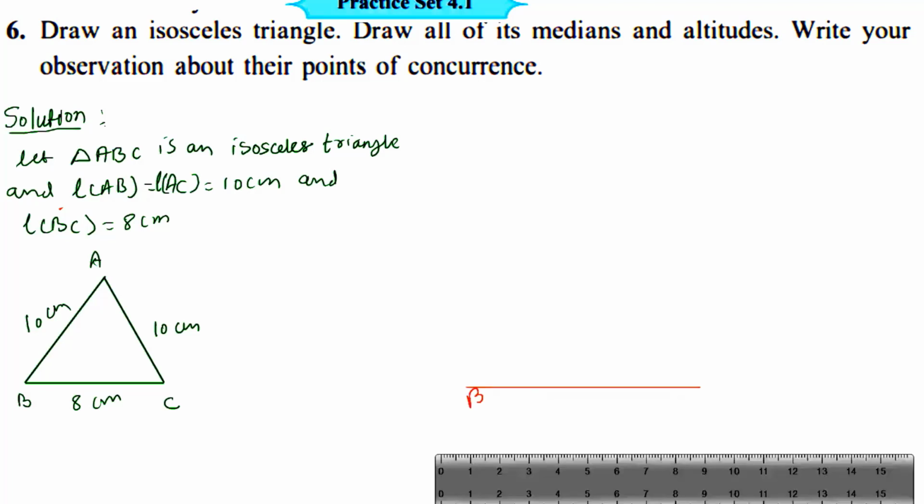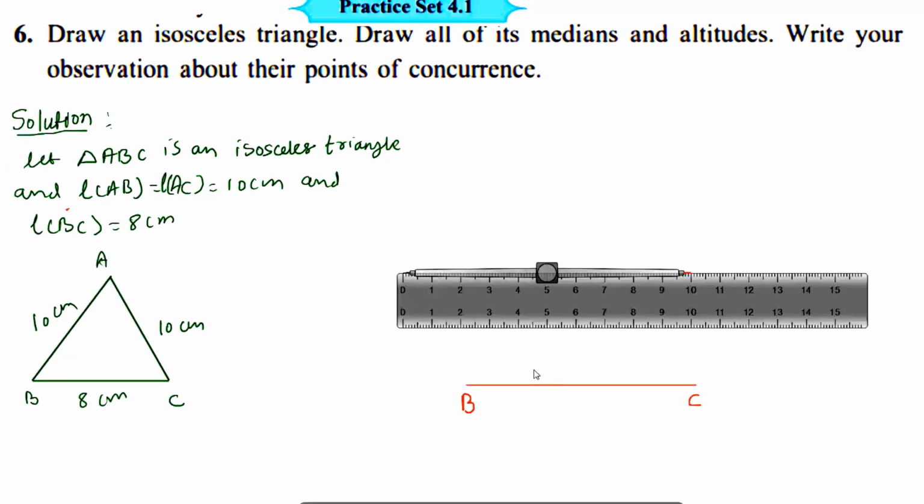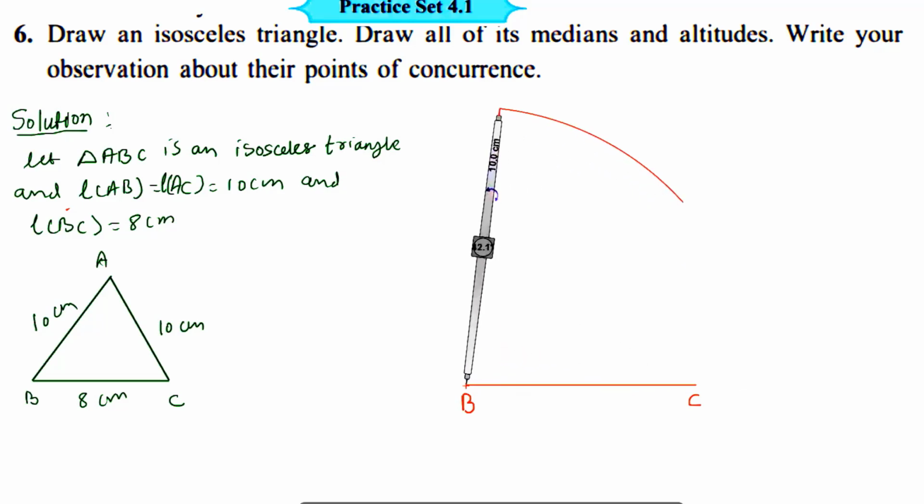Name the segment BC. Take 10 cm distance in the compass with the help of a ruler and put the compass on point B. Draw the arc above the side BC as shown here. Keeping the same distance, put the compass on point C as the center of the circle and draw the arc intersecting the first arc.